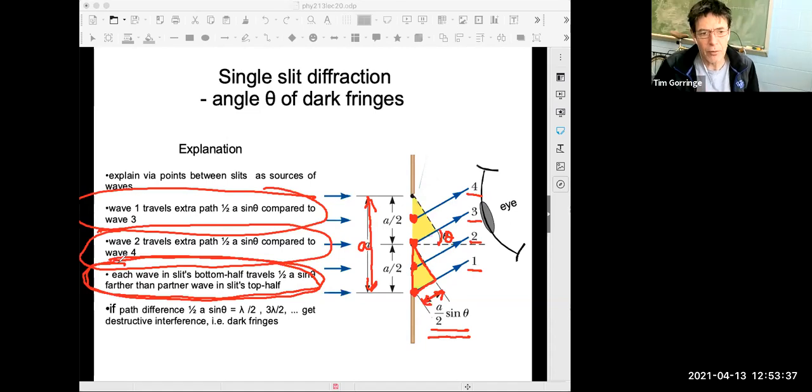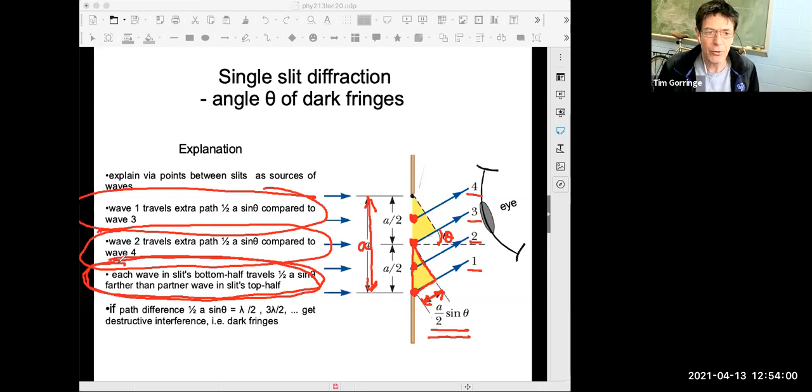And the source in the bottom half is traveling a little extra distance compared to the source in the top half. And that extra distance depends on the size of the slit, not surprisingly, and the angle that you're observing the light at, not surprisingly. And by geometry, trigonometry, that extra distance is 1/2 a sine theta.